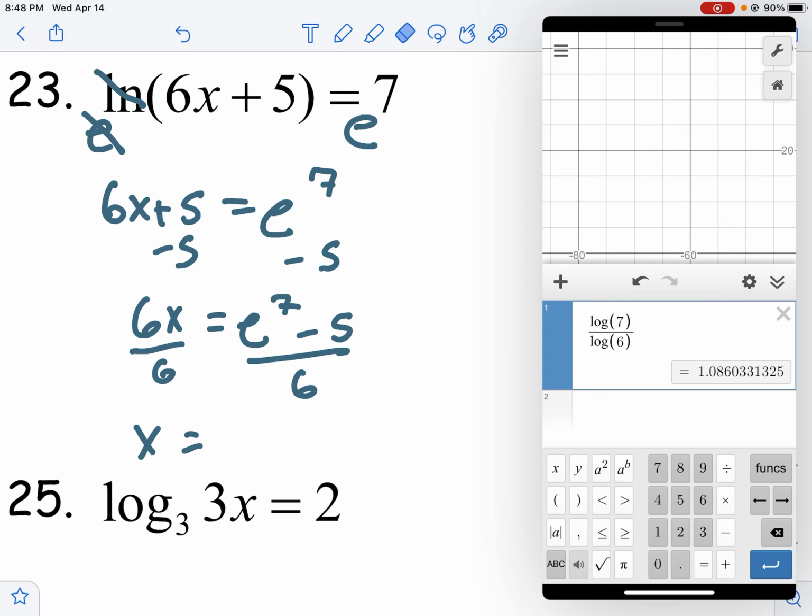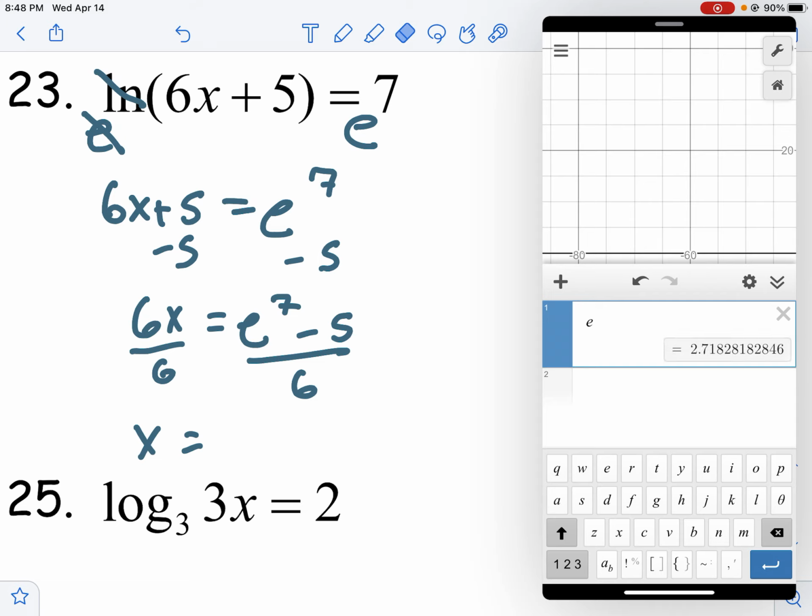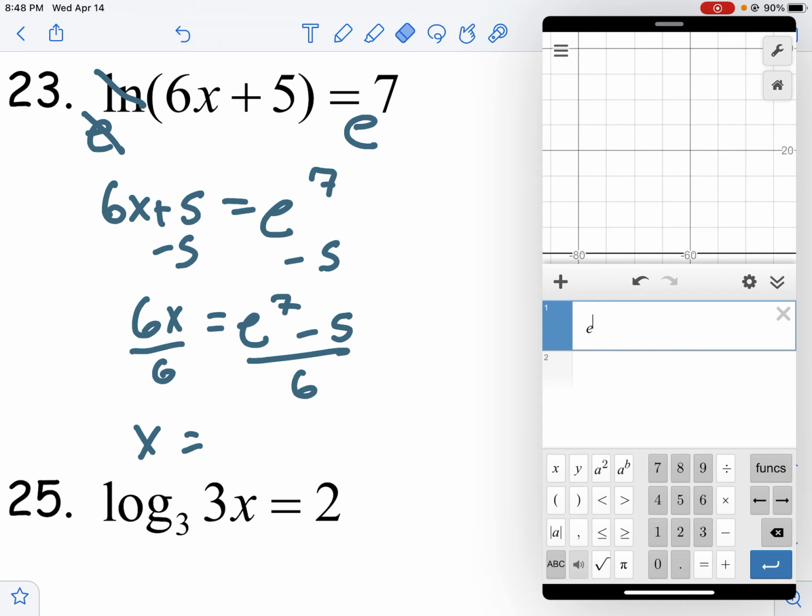I guess I'll just type that into a calculator. So we have e raised to the 7th power, then minus 5, and then we'll take all of that and we will divide it by, not 5, divide it by 6.